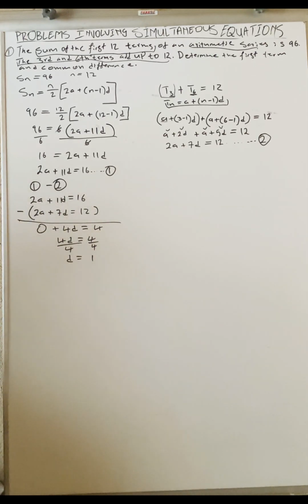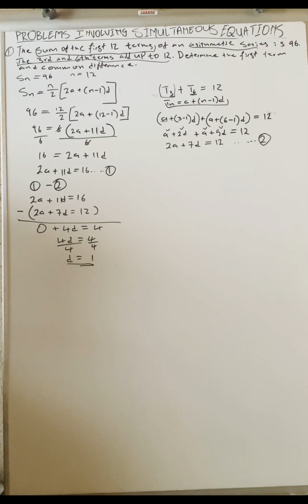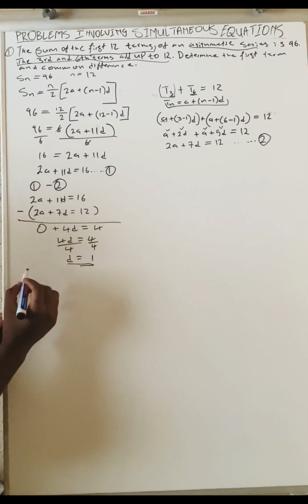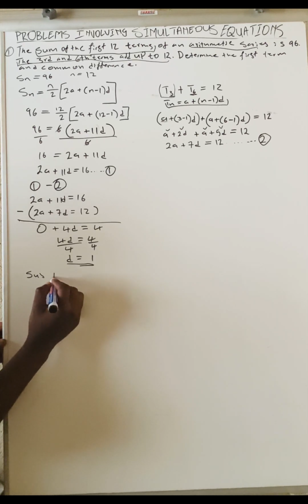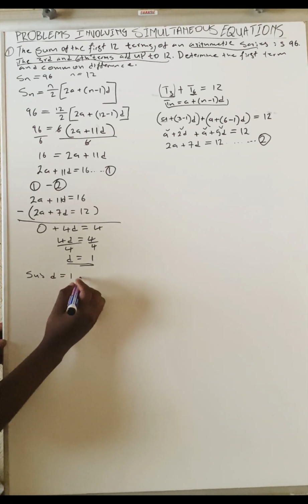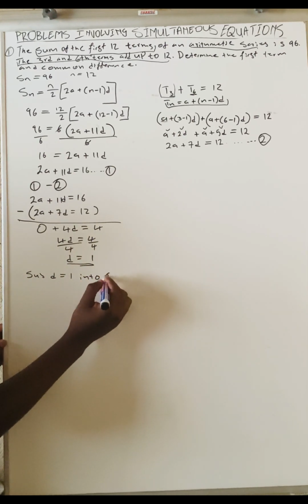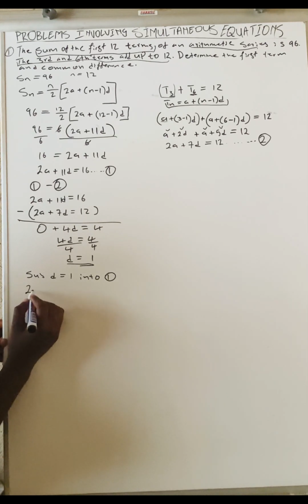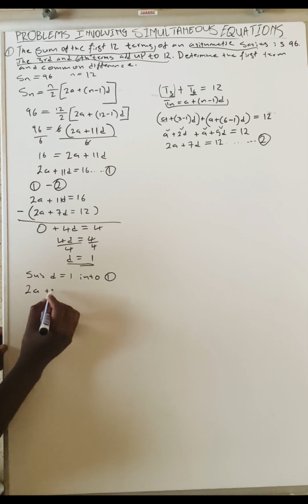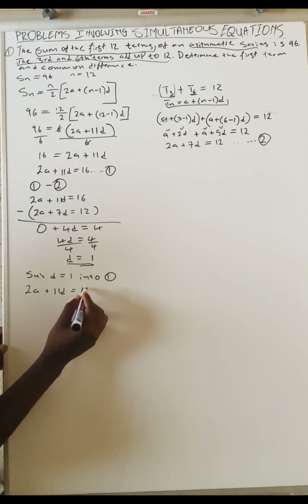Then from here, we know our d. What is our d? Then we say substitute d is equal to 1 into equation 1. You write your equation 1, which is 2A plus 11d is equal to 16.